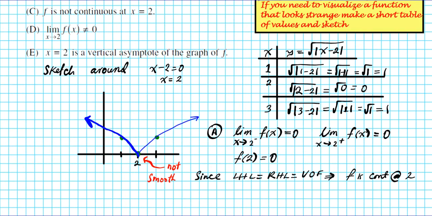Okay, so we're going to say that since f is not smooth at x equals 2, then that follows that f is not differentiable there at x equals 2.